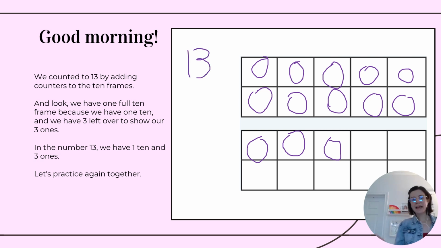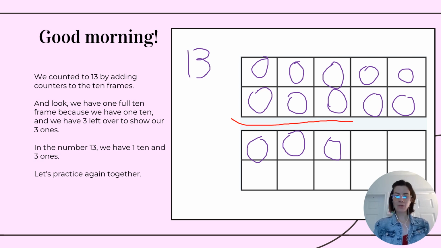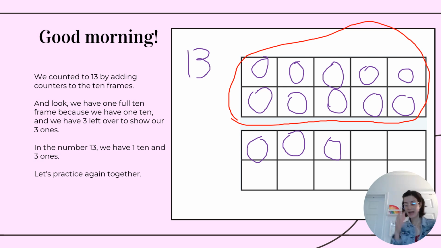So we counted to 13 by adding counters to the 10 frame. There are 13 counters on this 10 frame to represent the number 13. We have one full 10 frame here at the top. So our first 10 frame is completely full, meaning I have a counter in each square. And if there are 10 squares in a 10 frame, that means that I have 10 counters up here, right?